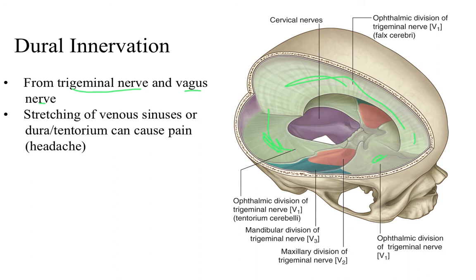Like I said, it's diffuse, and so when these venous sinuses associated with these dural folds stretch, that can cause pain, and it's the stretching of the dural folds or the venous sinuses that actually cause a headache, aside from what we learned with the middle meningeal artery being sensitive, and that can also be a source of a headache.